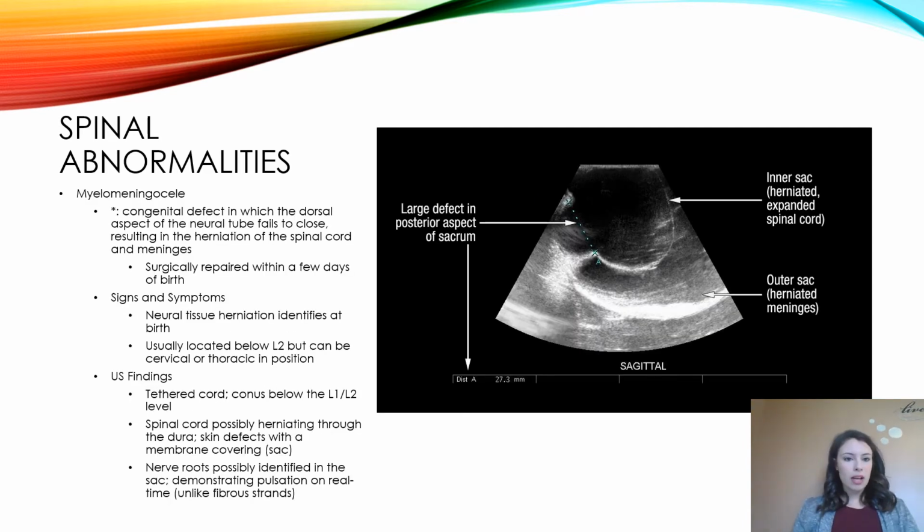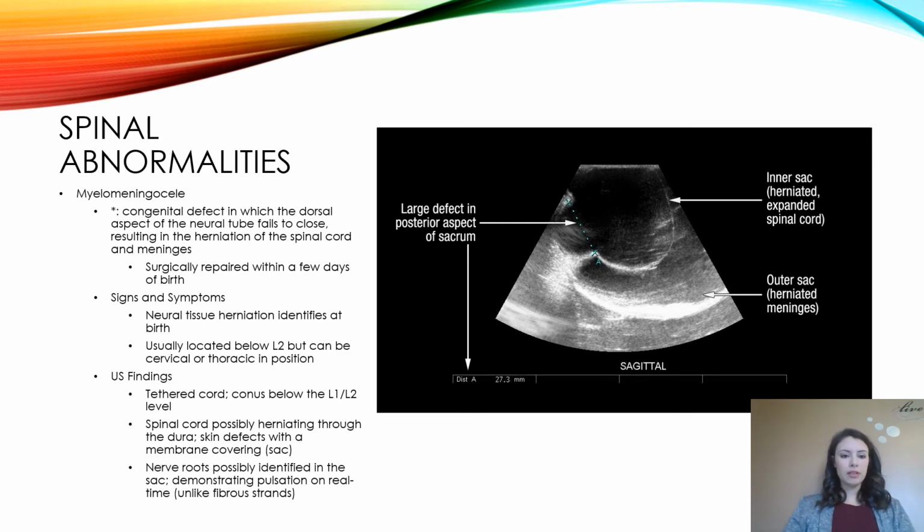The next spinal abnormality I will be discussing is the myelomeningocele, and this is a congenital defect in which the dorsal aspect of the neural tube fails to close, and this results in the herniation of the spinal cord and meninges. That's both spinal cord and meninges. And this can usually be surgically repaired within a few days of birth.